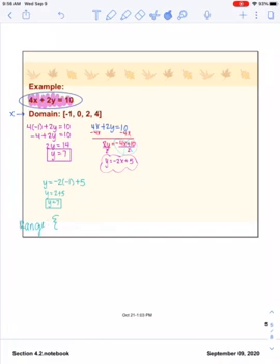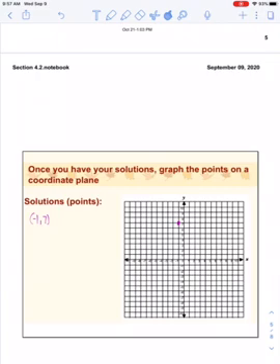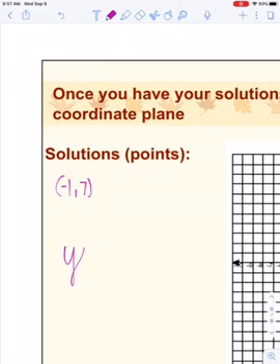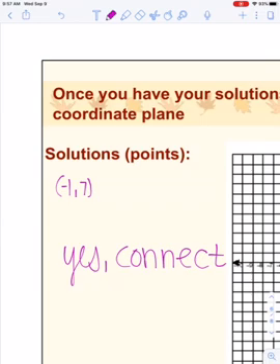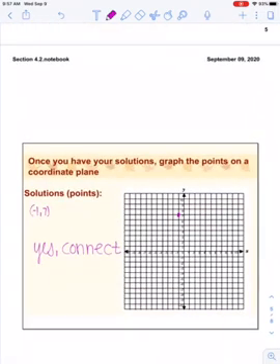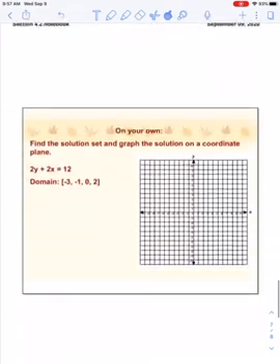These ordered pairs came from a very specific equation, so these points should all make a specific pattern. And then when you have all of them plotted, you can go ahead and connect them. So on these, you are going to connect. So plot the points and then connect them.